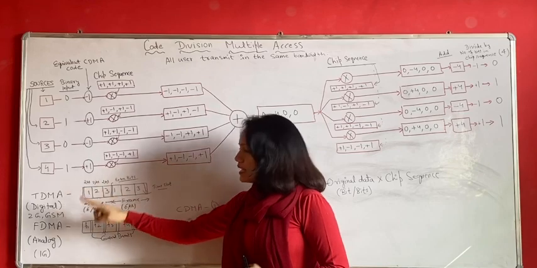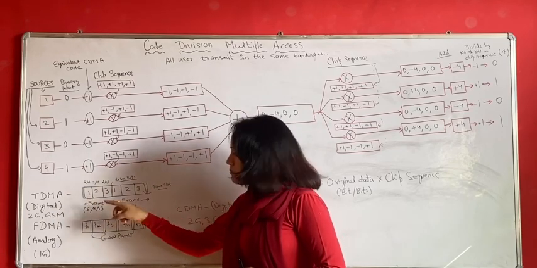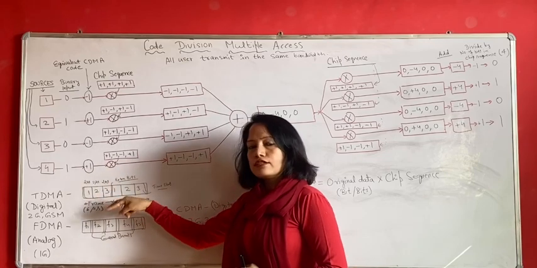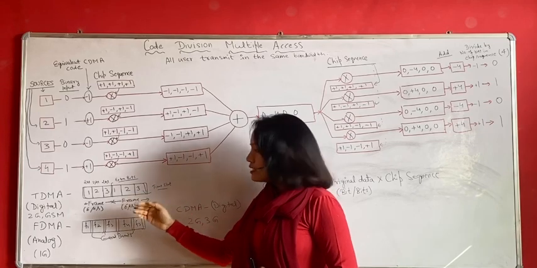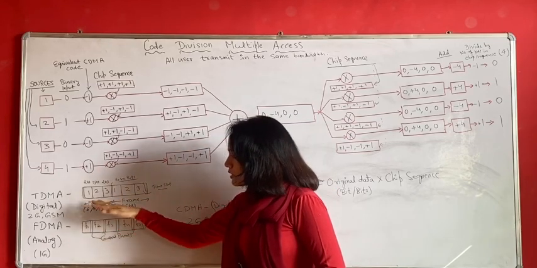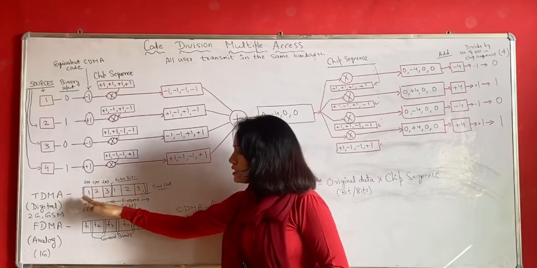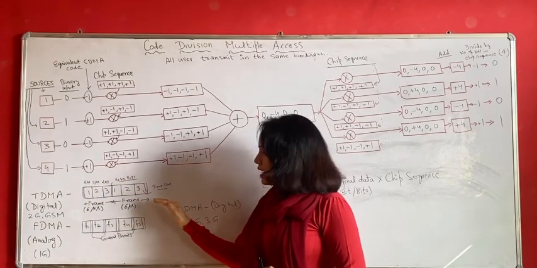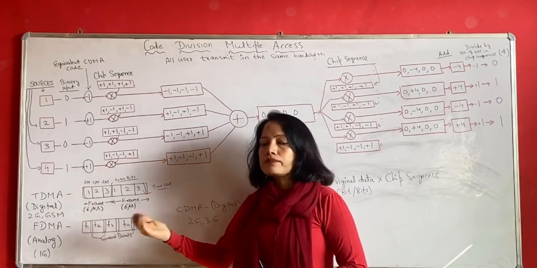Then in the next 2 microseconds, the second source's data is passing, and in the third 2 microseconds, the third source's data is allowed to pass. Now as the first frame time has elapsed, in the second frame the same process continues. And this way the channel is shared on a time basis.